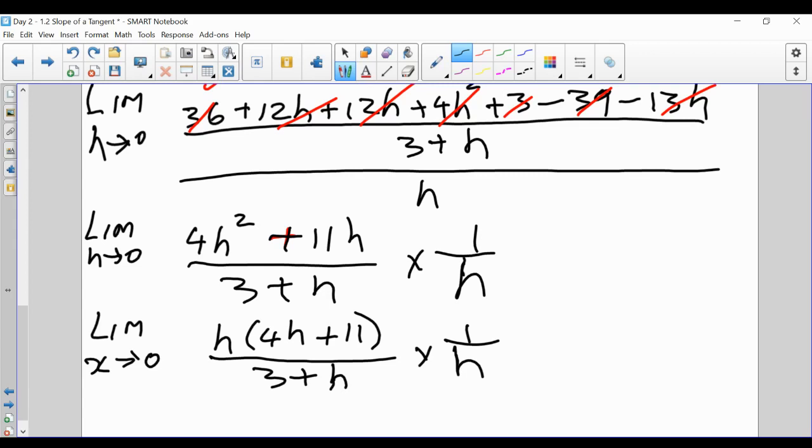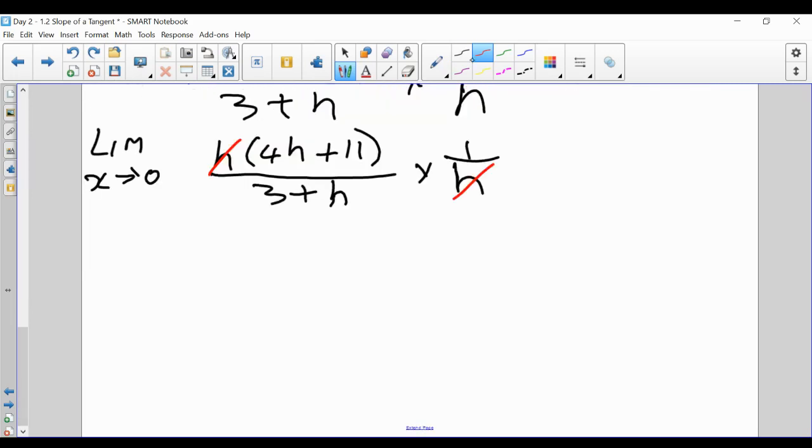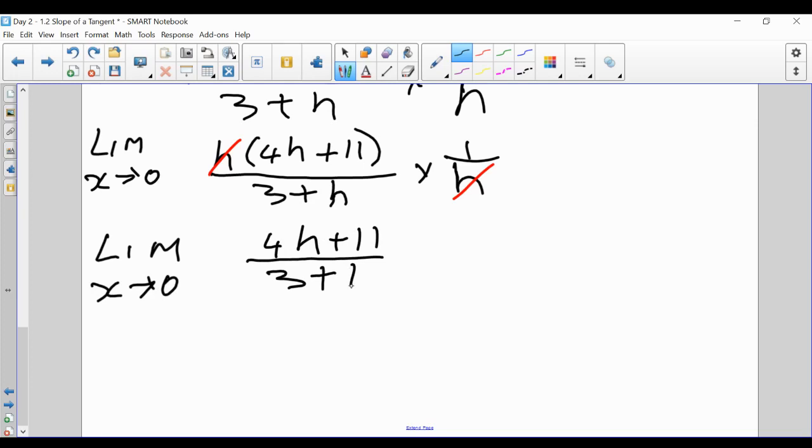Who thinks they can cancel? Okay, good, Alexander, you're right. We're going to cancel out those h's because we factored it out. This h and this h will cancel out. So what Alexander is saying is that what we're left with is the limit as h approaches 0 of 4h plus 11 over 3 plus h.